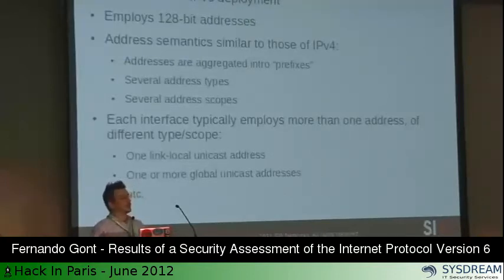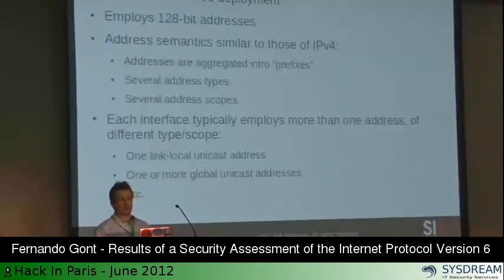Addresses are aggregated into prefixes when you want to route packets, so you will find the routing table in IPv6 looks very similar to the one in IPv4, with the only difference, of course, being the length of the prefixes. There are different address types, so in the same way as in IPv4 you have, for example, unicast and multicast addresses, you have the same thing in IPv6. And finally, you have different address scopes, which is, again, very similar to IPv4.